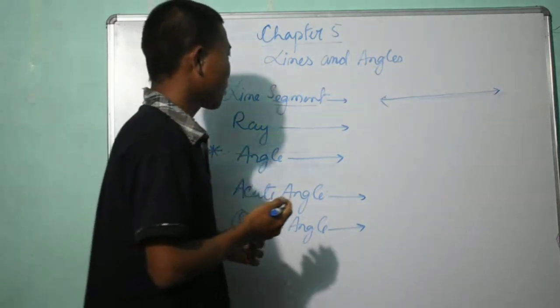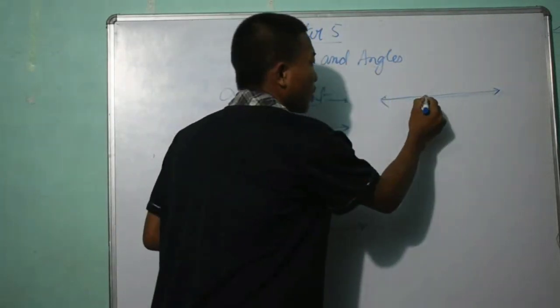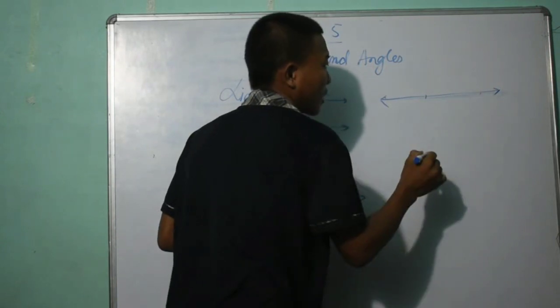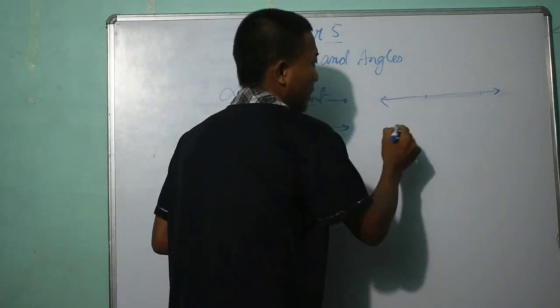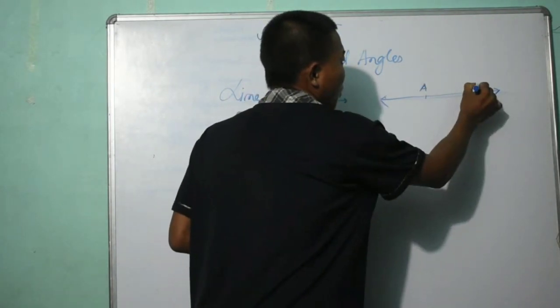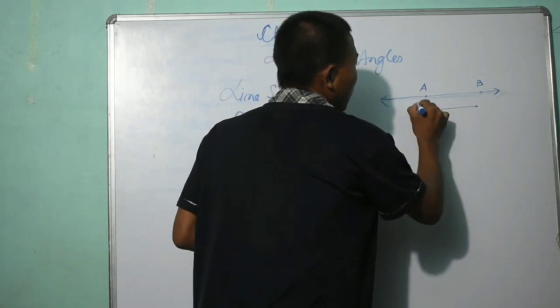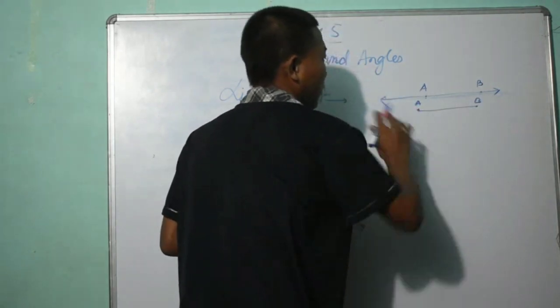So a line segment means a small section of a line taken out from the whole part of the line. Here in this case, let us take point A and point B. If we take it out and bring it here, this is our line segment from the whole line.